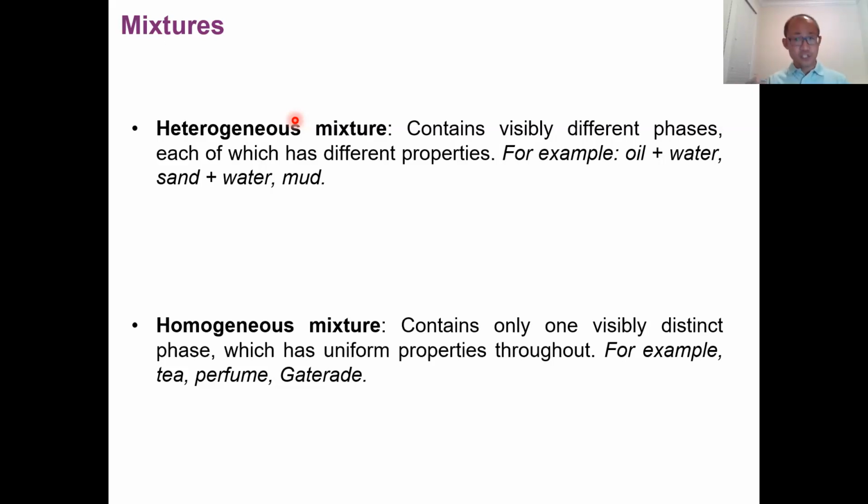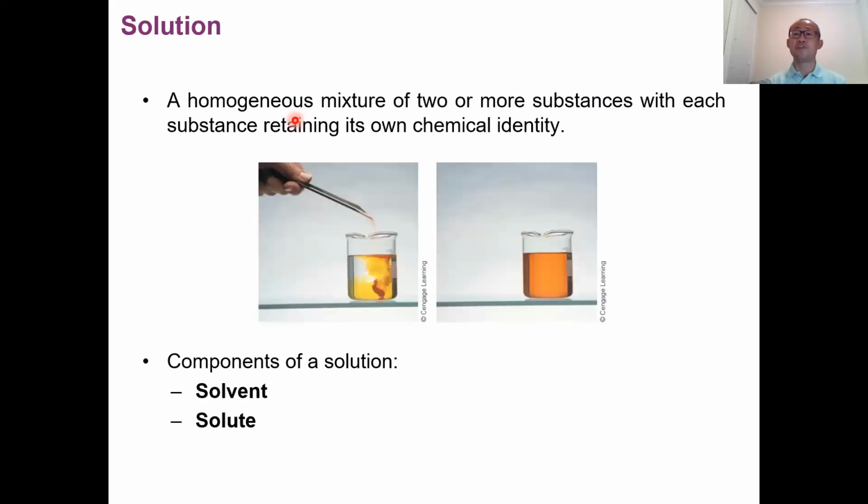If a mixture shows uniform properties throughout one visible phase, like your tea, perfume, and Gatorade, these are called homogeneous mixtures. If you understand these two concepts, then you will have no problem understanding what solutions are, because a solution is a homogeneous mixture. Or you can call a homogeneous mixture a solution.